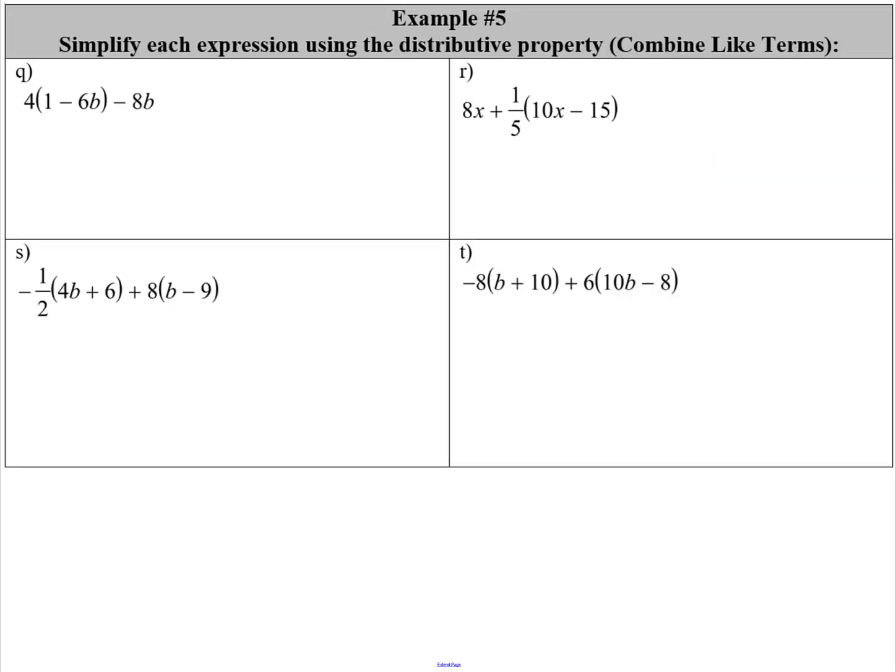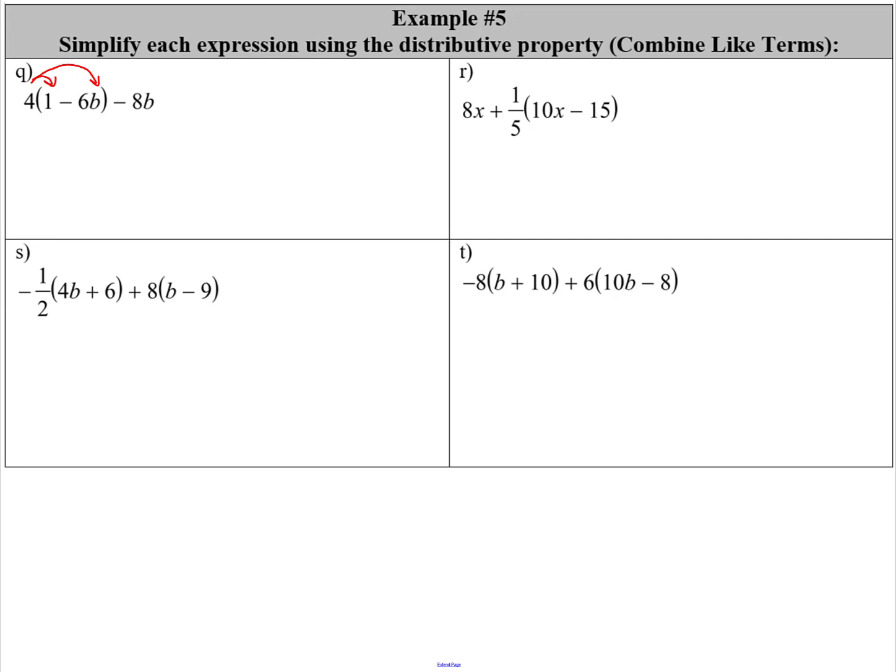All right, so now we have simplify each expression using the distributive property, and then combine any like terms if possible. So like the others, I'm going to walk through one of these with you.